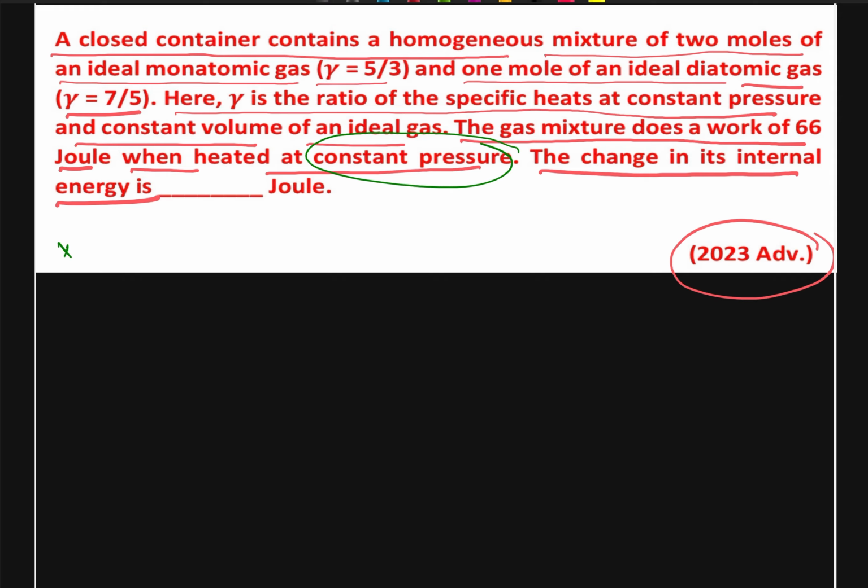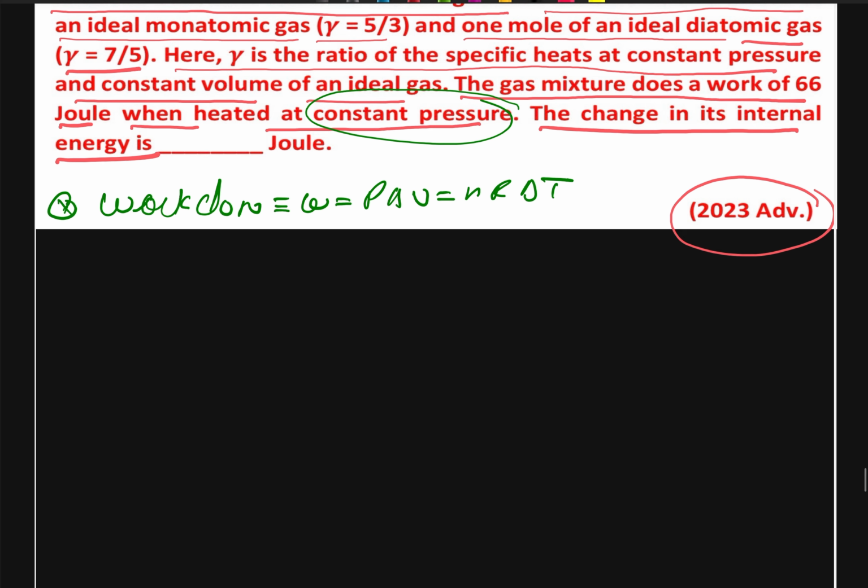So we can say work done, that is our W, is equal to P delta V, or we can write this as nR times delta T, and n is our total number of moles, which comes as 2 plus 1 is equal to 3.